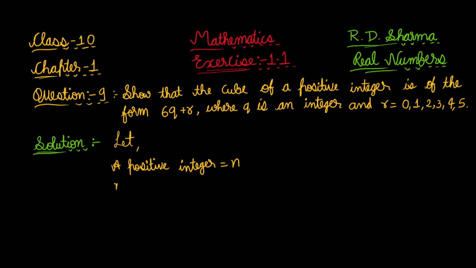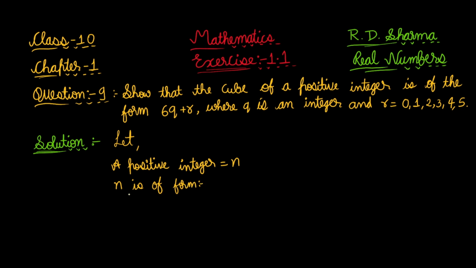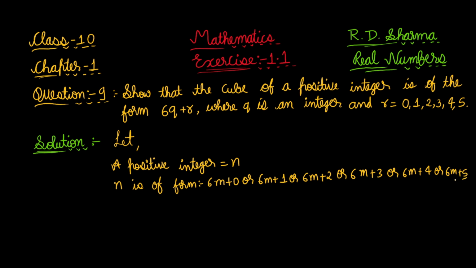So n is of the form 6m plus 0 or 6m plus 1 or 6m plus 2 or 6m plus 3 or 6m plus 4 or 6m plus 5. So r will be less than 6.